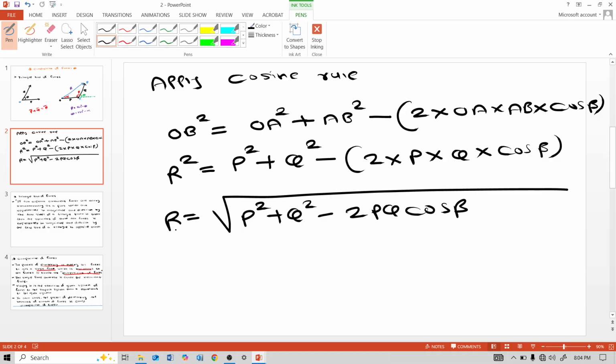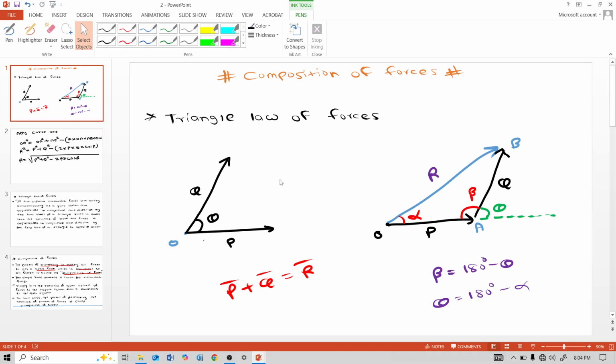This is the resultant formula for the triangle law of forces. This law is only applicable to two forces, and those two forces are concurrent, coplanar forces. P and Q are the only two forces; concurrent means they pass through point O, and coplanar means they are in one plane.